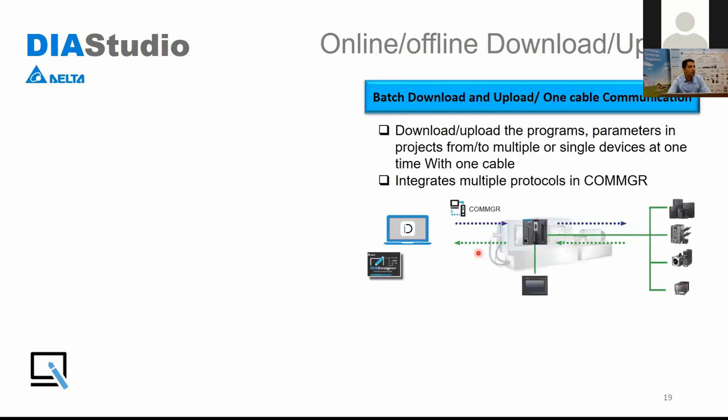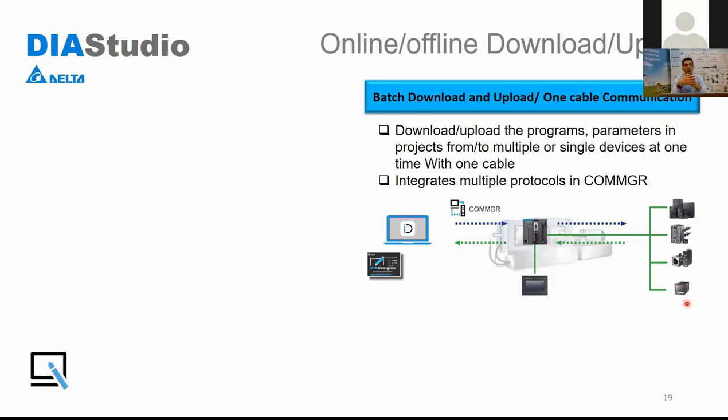Online, offline, download and upload. Let me talk about these two. This is something useful. We have one download and upload manager, so it allows us to download all the project at one time to all devices. It is kind of a batch download.